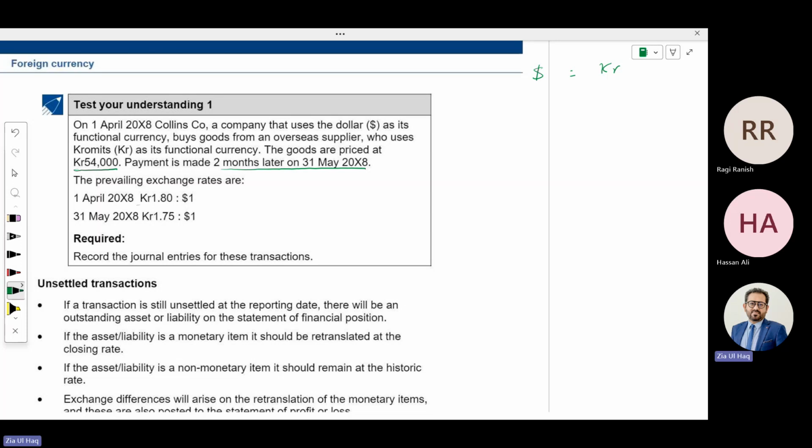In this quotation, $1 is equal to 1.80 KR, and we need to convert 54,000 KR into dollars. So 54,000 KR is equal to X dollars, that we need to find. Through cross multiplication, 1.80 X is equal to 54,000. So X is equal to 54,000 divided by 1.80. So X is equal to what? 30,000.